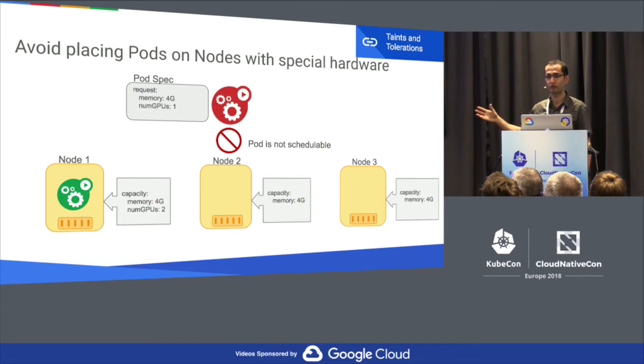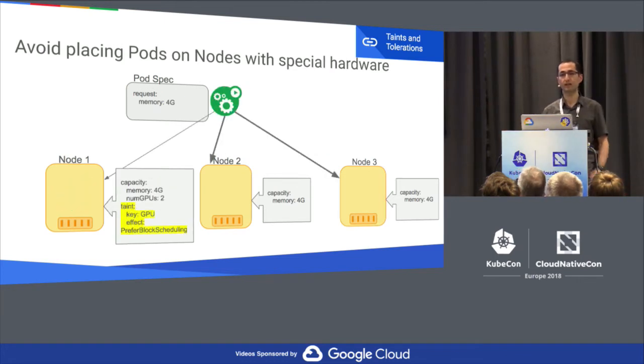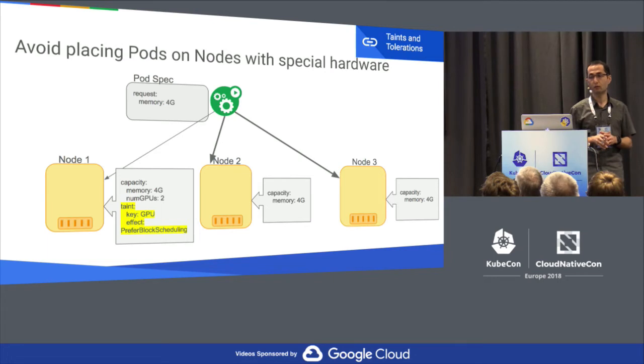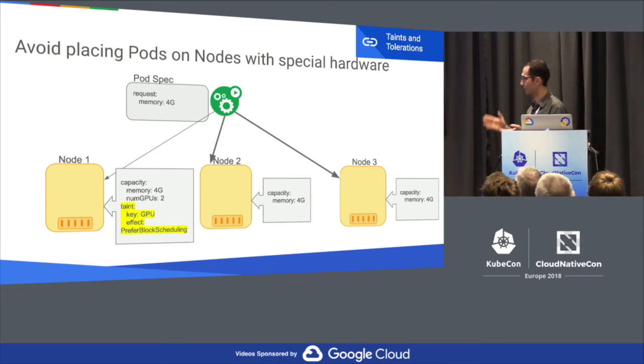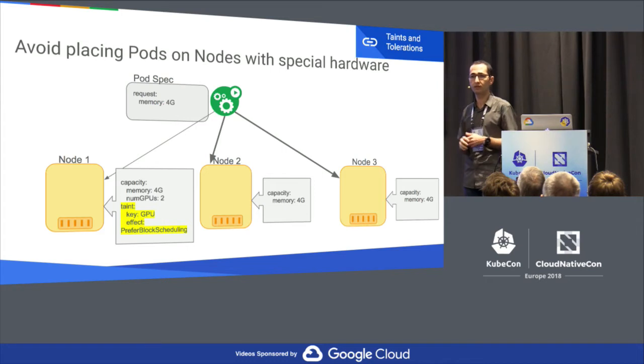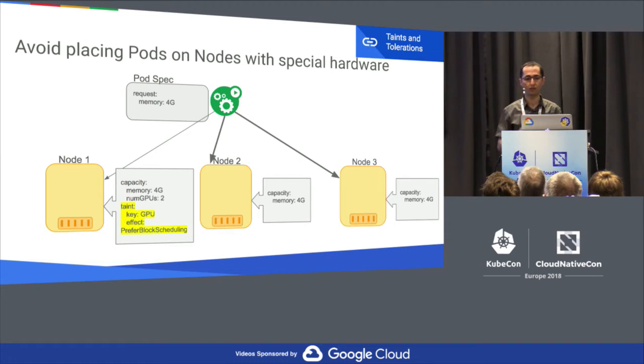In order to avoid this scenario, we can taint that node with the GPU with a special taint, or it actually could be any taint. This is an arbitrary key-value pair that you can put on that node and say, for example, the key is GPU, and I want this node to be saved, preferably, only for pods that require a GPU. So here we set the effect as prefer no schedule. We have different effects. For example, one can be no schedule, which means that only the pods that have the proper toleration can be scheduled.